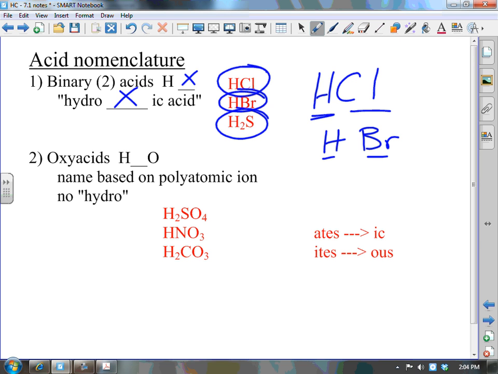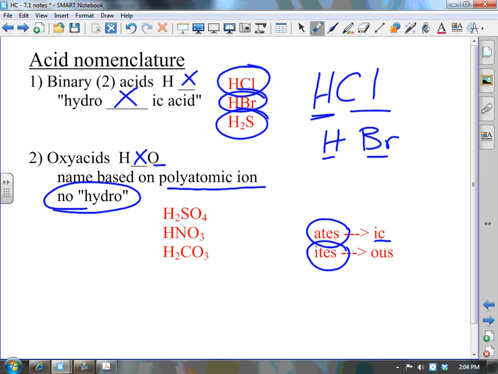Now, oxyacids. So you have hydrogen, something else, and oxygen. Well, the name is based upon that polyatomic ion. There is no hydro listed. So now you're going to have H2SO4, HNO3, H2CO3. What you're looking for here is simply anything that has an ate becomes an ic.